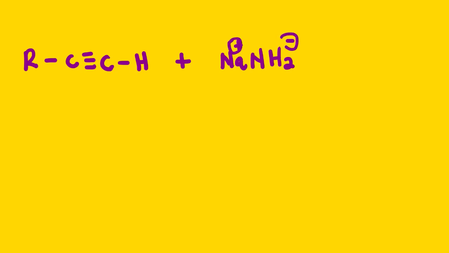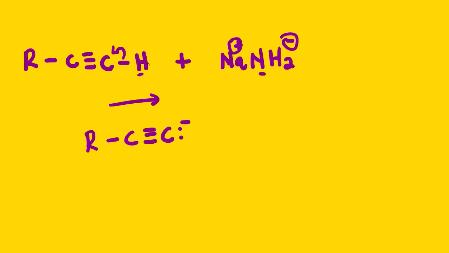So these will form ions, and then we know very well that the hydrogen will be extracted by this amide, then these two electrons will actually be responsible for the formation of the alkynide ion.